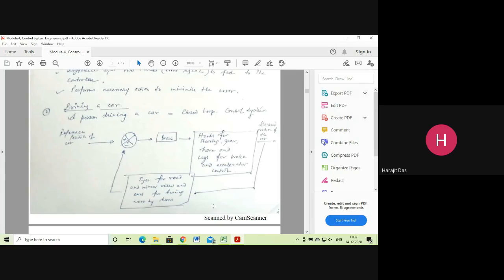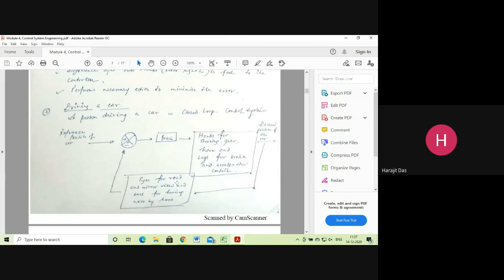Why is it happening? Because there is a feedback loop. Your subconscious mind is the feedback part through which your mind is getting the feedback signals, and without knowing anything, you just press the brake or reduce your accelerator, isn't it? So that is your feedback loop.